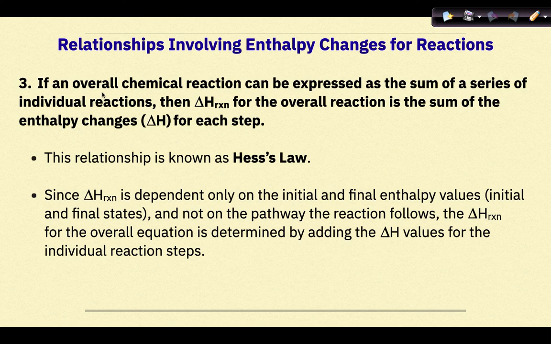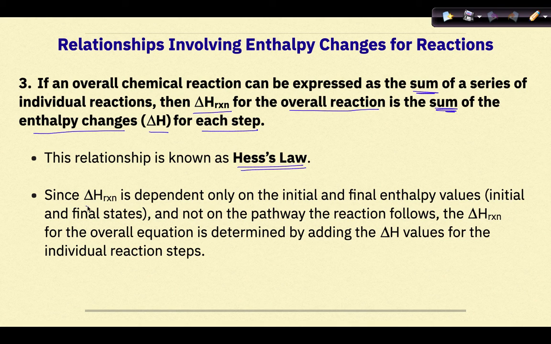Number 3, if an overall chemical reaction can be expressed as the sum of a series of individual reactions, then the delta H reaction for the overall reaction is the sum of the enthalpy changes delta H for each step. This relationship is known as Hess's Law, and we are going to use it a lot in class.